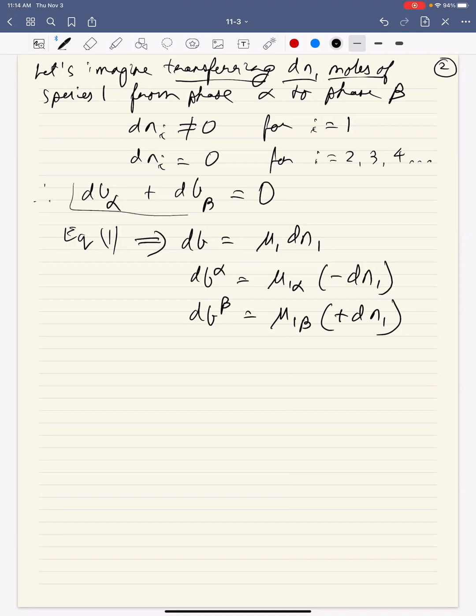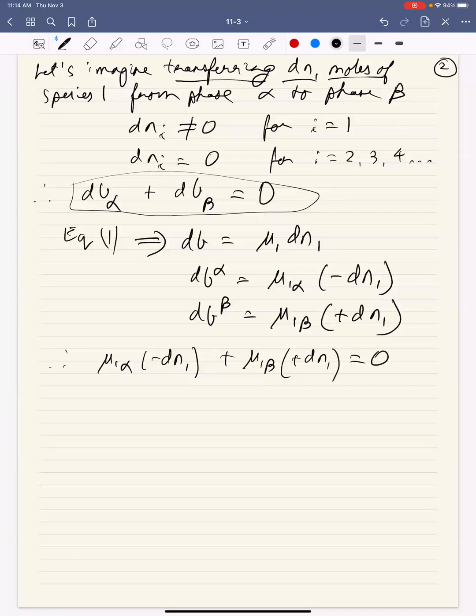And now on top of that, we are saying dG alpha plus dG beta is equal to 0. This is the condition for equilibrium. Therefore, mu1 alpha times minus dn1 plus mu1 beta times plus dn1 is equal to 0. And this is true for all values of dn1, whether 5, 10, 50, 40, whatever you have.